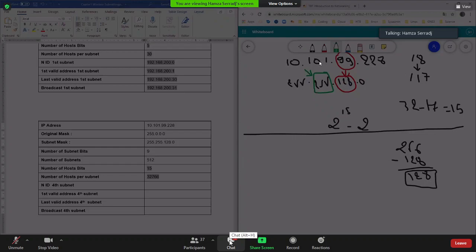Not original, of course. So those bits are borrowed also. I did push them, right? You remember my initial subnet mask was 255.0.0.0. I pushed 9, right? So the weird number is on the third position, and I'm gonna increment there. The rule never changes.